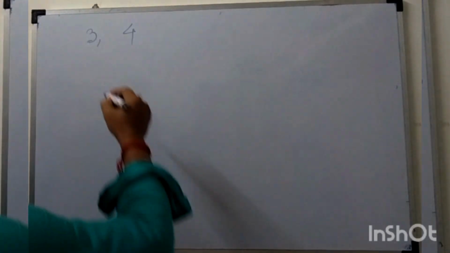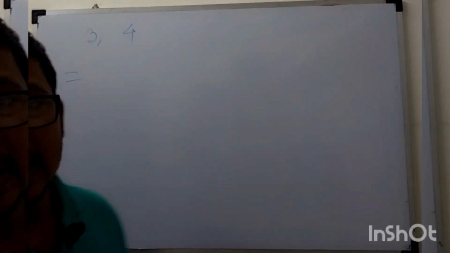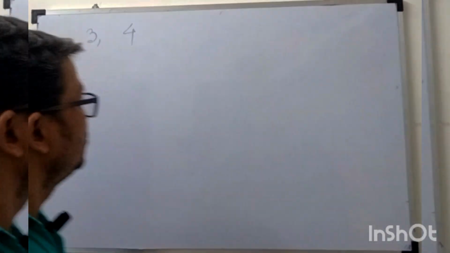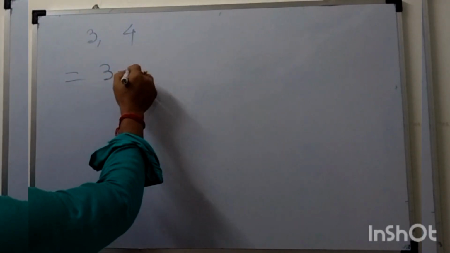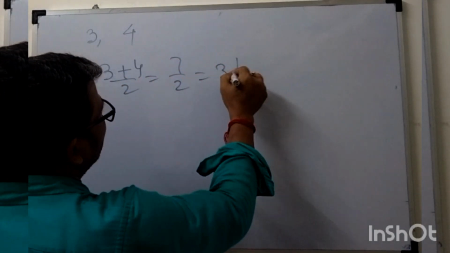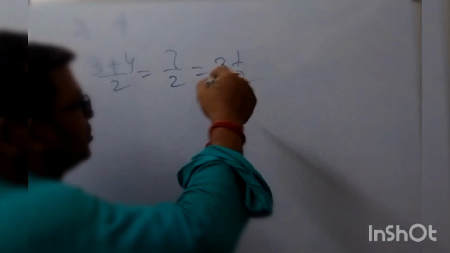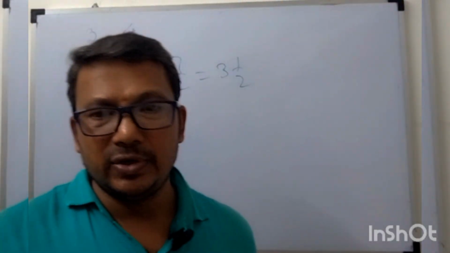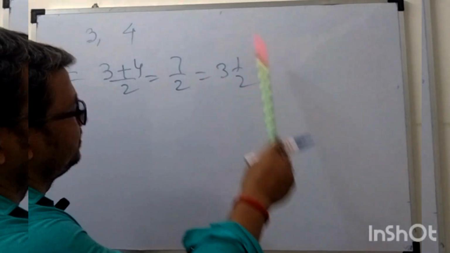The easy process is the average method. If we do it with the average method, then (3 + 4)/2 is equal to 7/2, which is 3.5. So our rational number between 3 and 4 is 3.5.